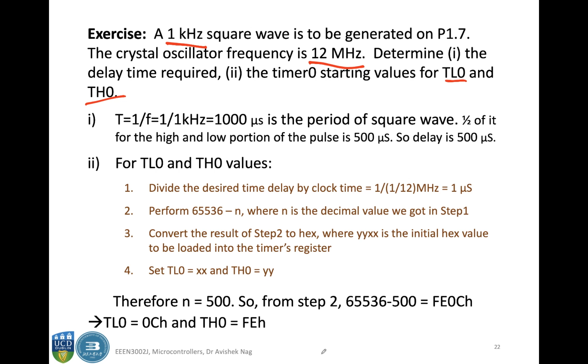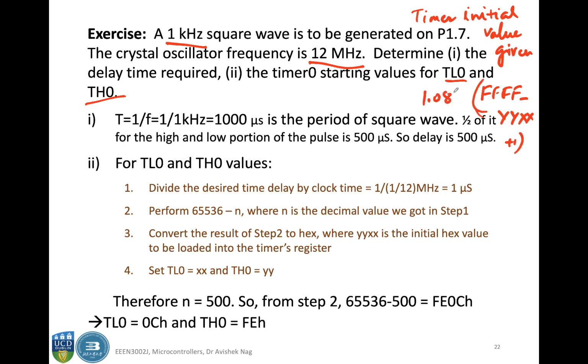Your initial value of the timer was given, and you were calculating the total count by FFFF minus the initial value, let's say YYXX, plus 1, and then you were multiplying this with 1.085 microseconds.